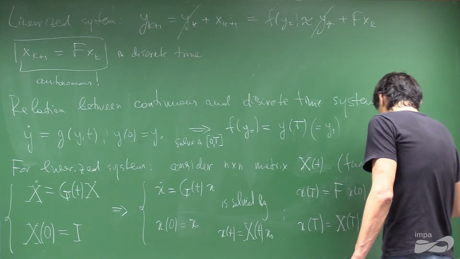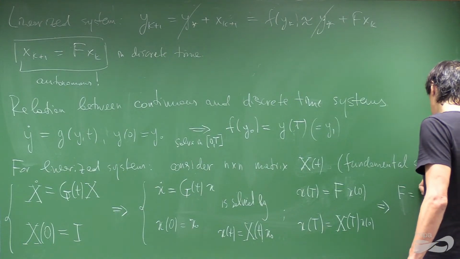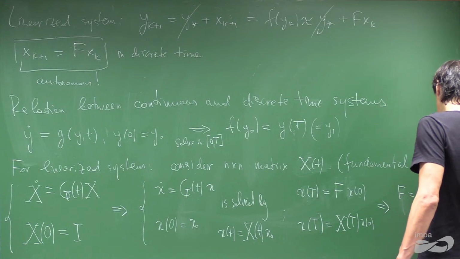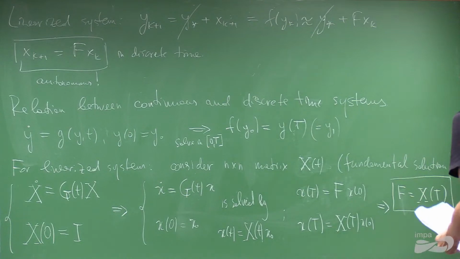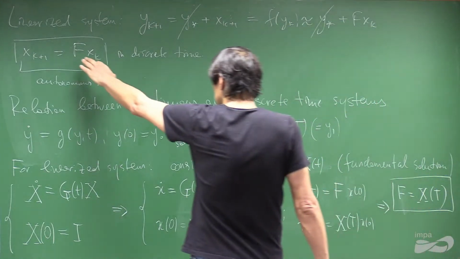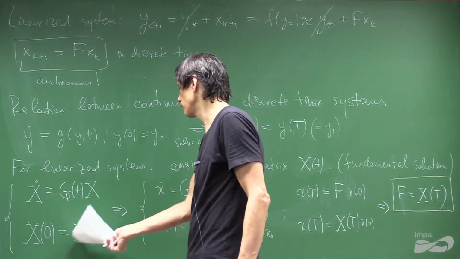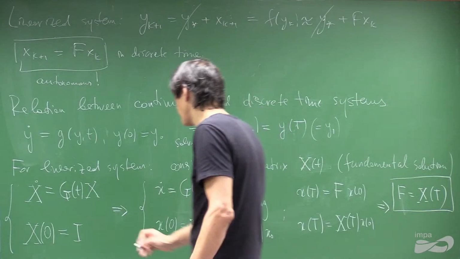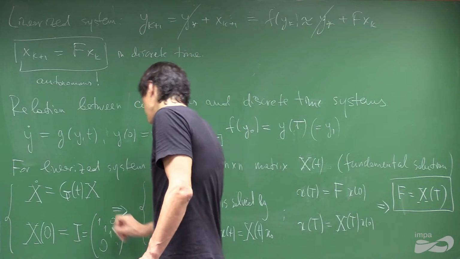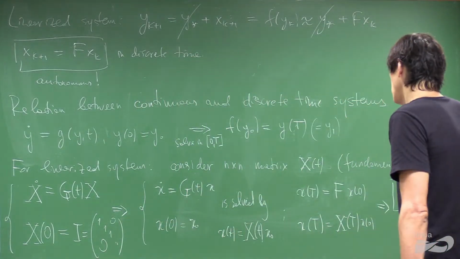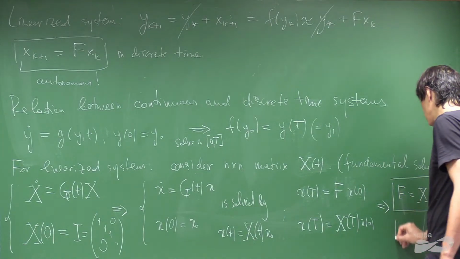So this gives us what F is. So we know that F is just the fundamental solution at one period. So this is a practical way how to find this F matrix. So what you do, you solve this linearized system in the matrix form with the initial condition to be the identity matrix. So remember, this is just 1, 1, 1 on the diagonal. You solve it, you compute it at one period, you get the matrix F. So this is what we call the Floquet matrix.